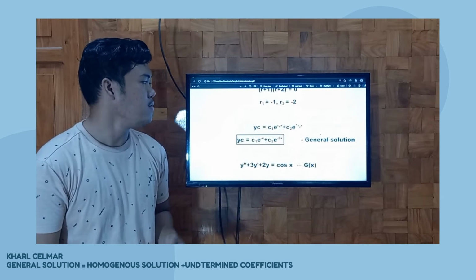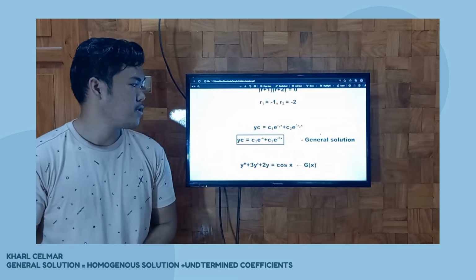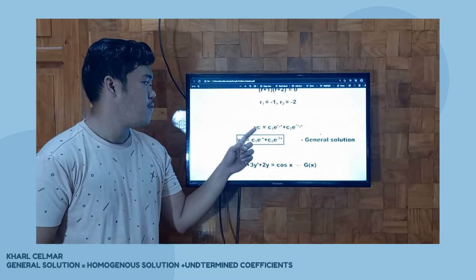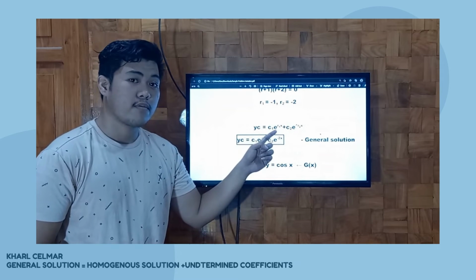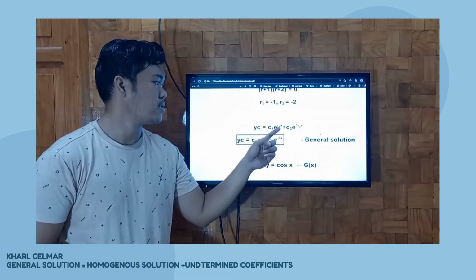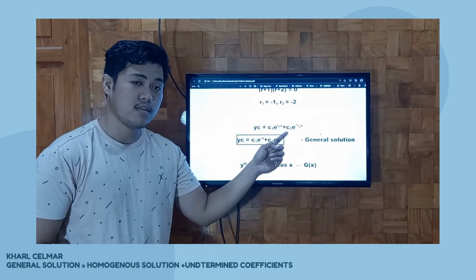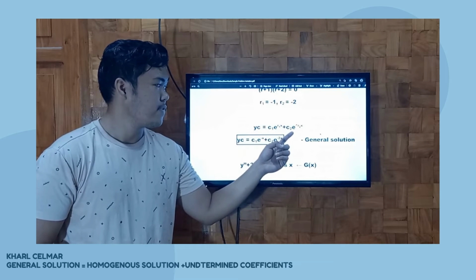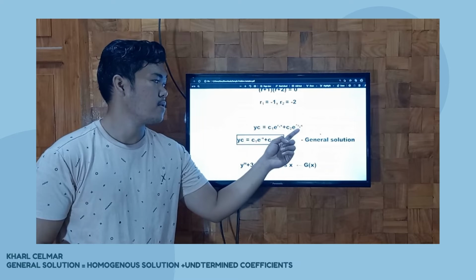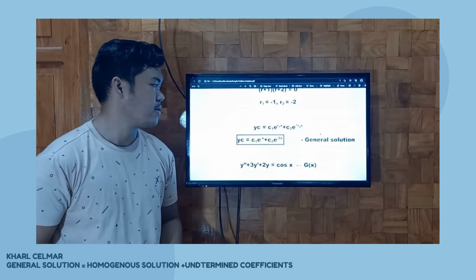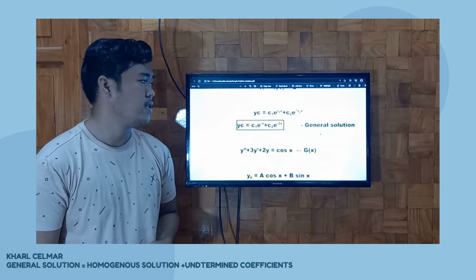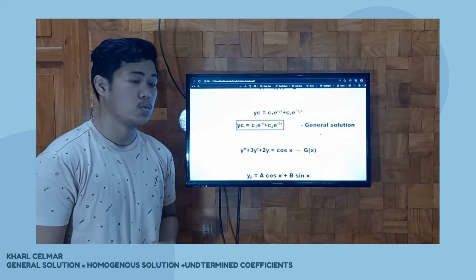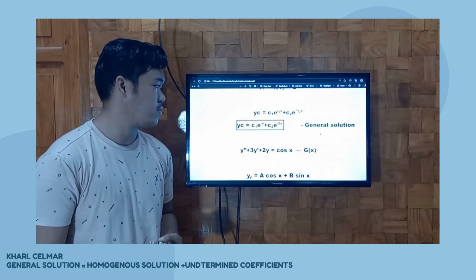So now we have the general solution yc is equal to c sub 1 times e raised to r sub 1 times x plus c sub 2 times e raised to r sub 2 times x. We substitute the values of r sub 1 and r sub 2.